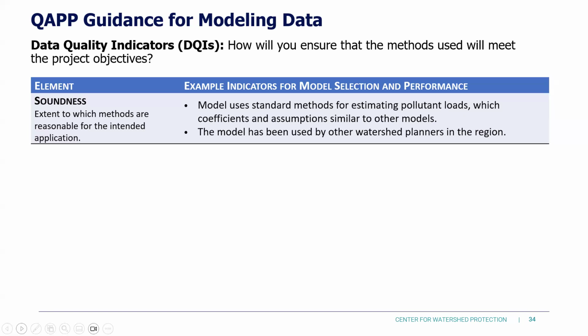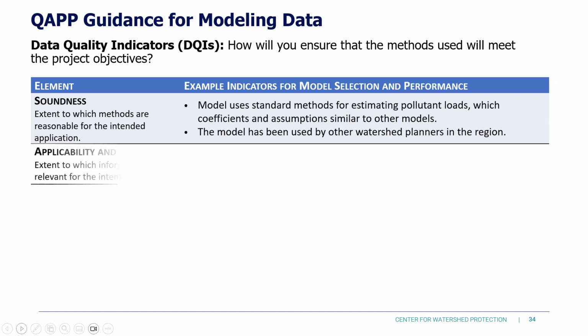Is it the right choice? So we want to model what this QAPP said is the model: it uses standard methods for estimating pollutant loads, which use coefficients and assumptions that are similar to other models. The model has been used by other watershed planners in the region. So it seems like I'm on the right track.